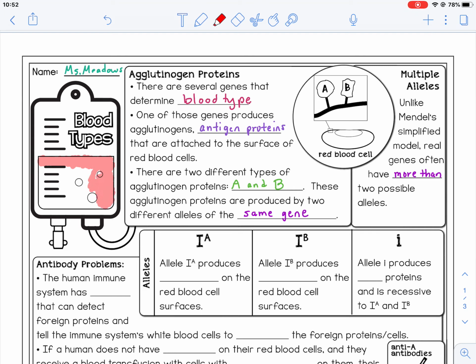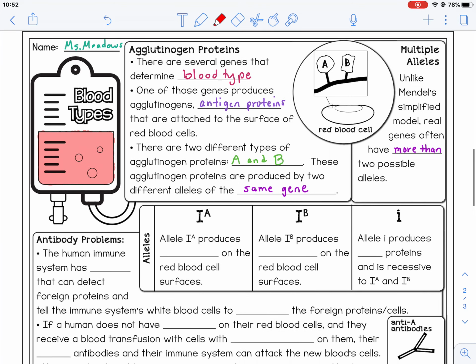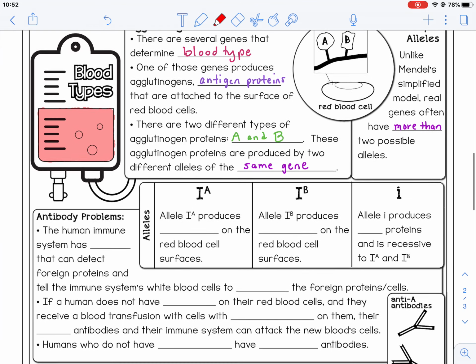Some of you may know your blood types, some of you may not. You might try asking your parents or guardians to see if they know if you don't currently know. It's a good thing to know about yourself.